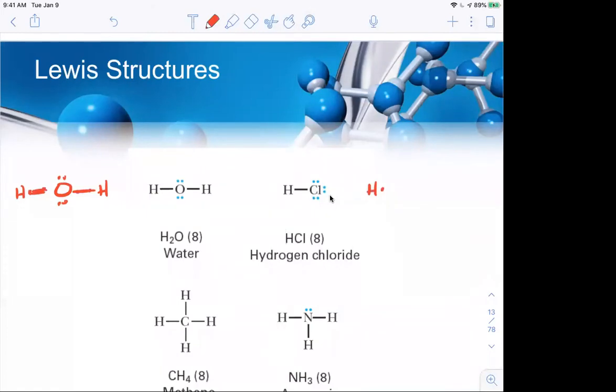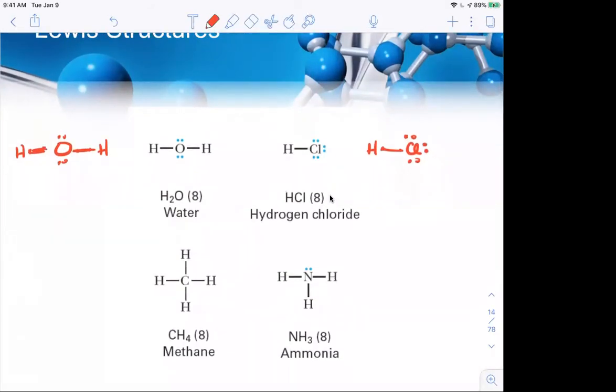Hydrogen and chlorine, I put them together, I'm going to connect the dots. So you get the idea. I look at the valence electrons available for each of the atoms. If I'm charged, if I'm a negative charge, I can add electrons to my Lewis dot structure. If I'm a positive charge, I count up all the electrons and then I would take one away.